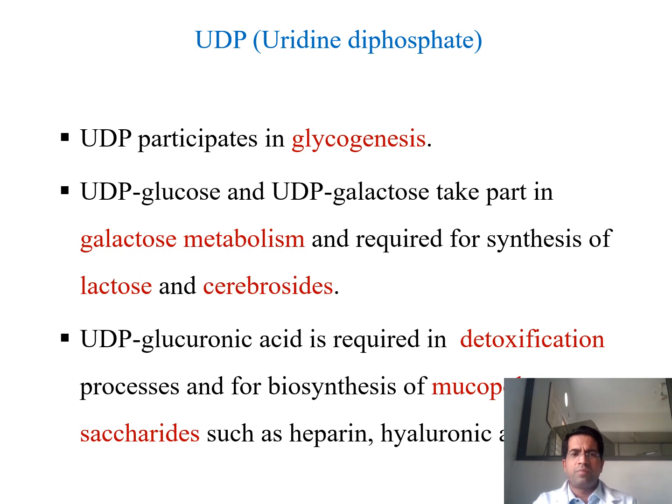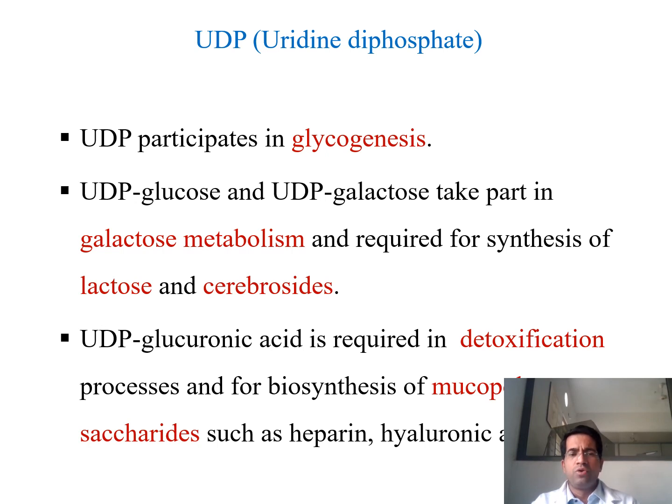Next biologically important nucleotide is UDP, uridine diphosphate. Uridine participates in glycogenesis. From UDP glucose, glycogen can be synthesized. UDP galactose takes part in galactose metabolism and is required for synthesis of lactose and cerebrosides.